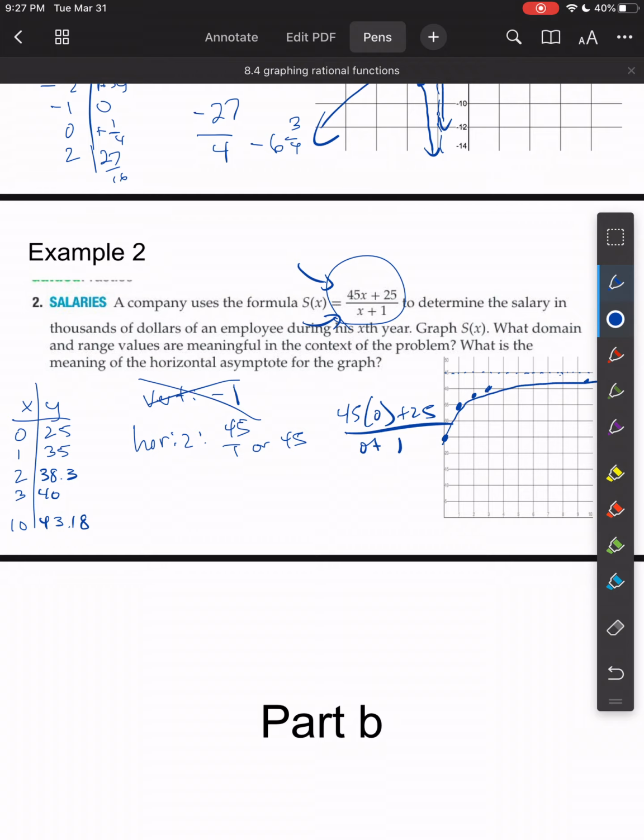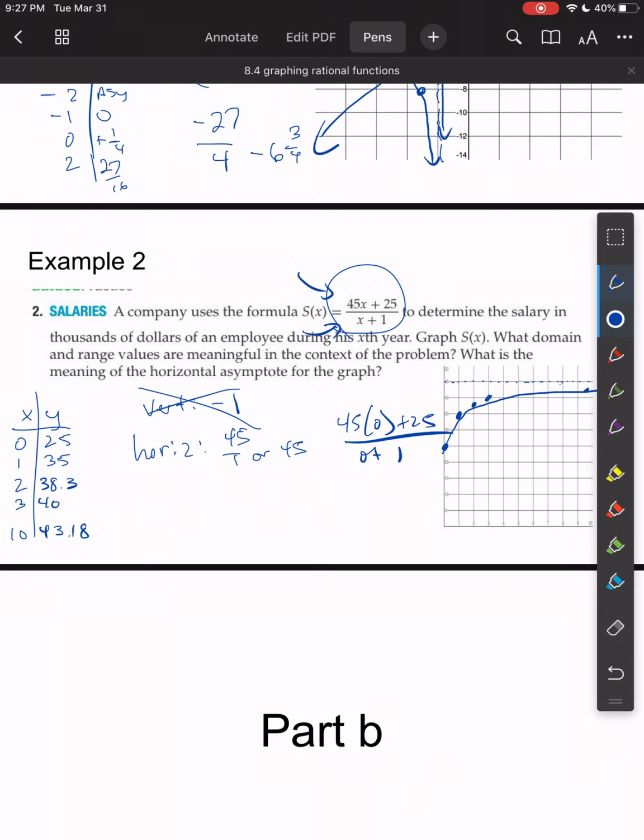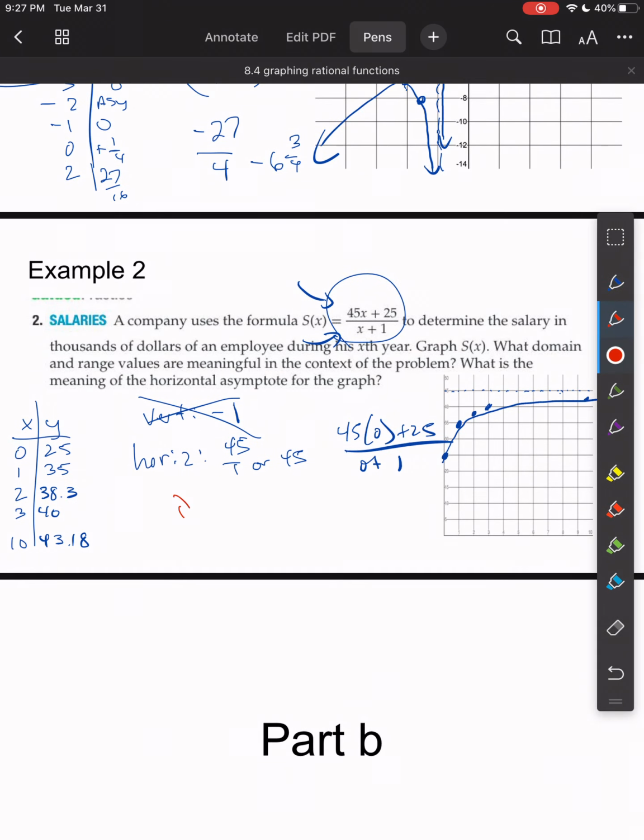Then it asks, what domain and range values are meaningful in the context? For the domain, the meaningful values would be the possible X values, so it would be positive values.